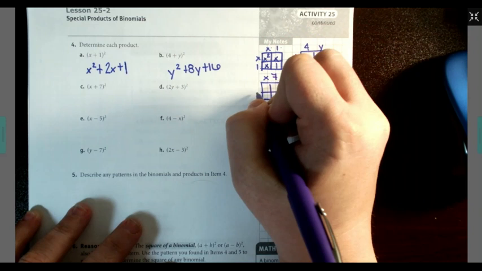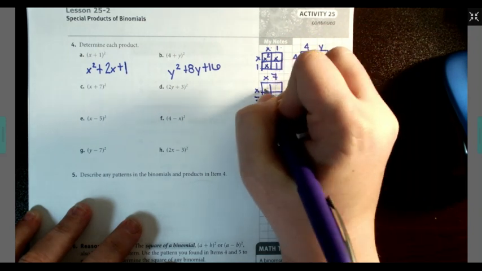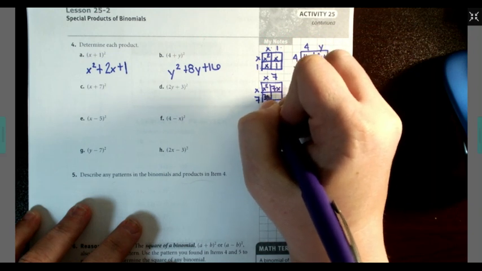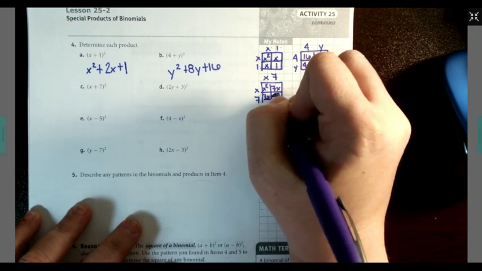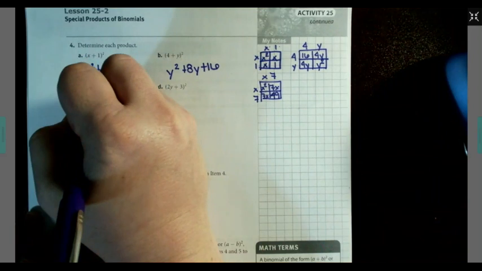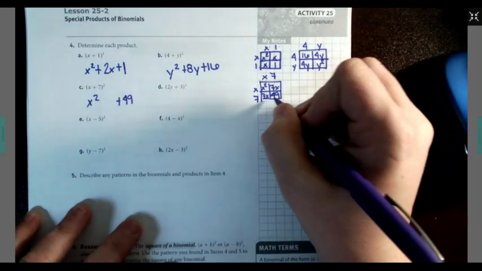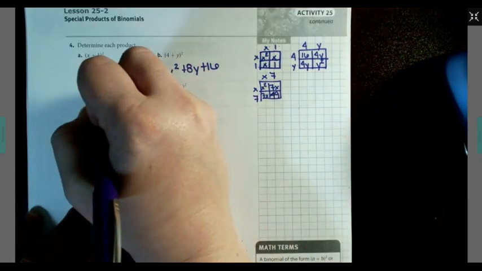x and 7. x and 7. That's x squared, 7x, 7x, and 49. So I have x squared. I've got plus 49. And there was a 7 and a 7, so that's 14 x's.